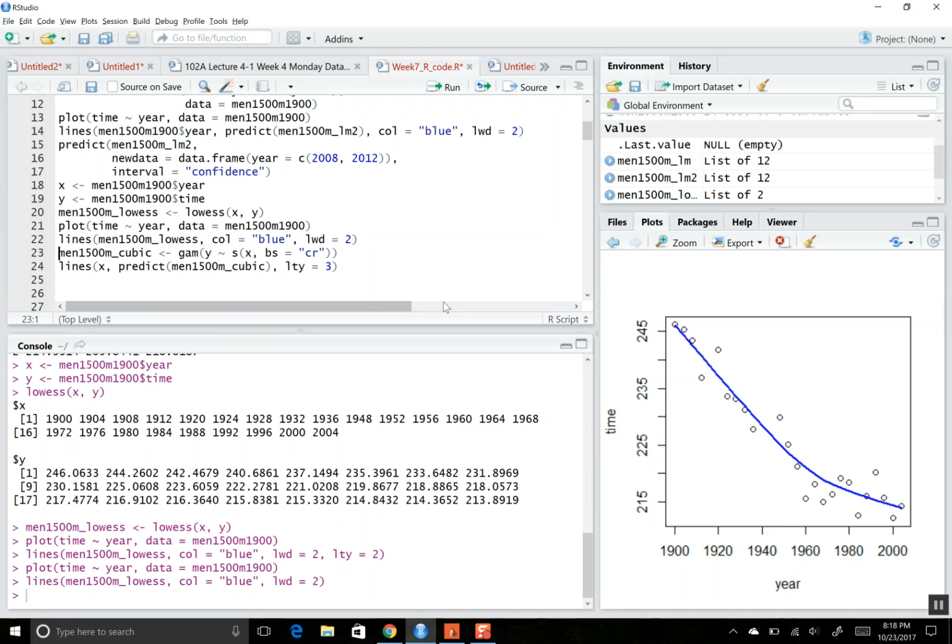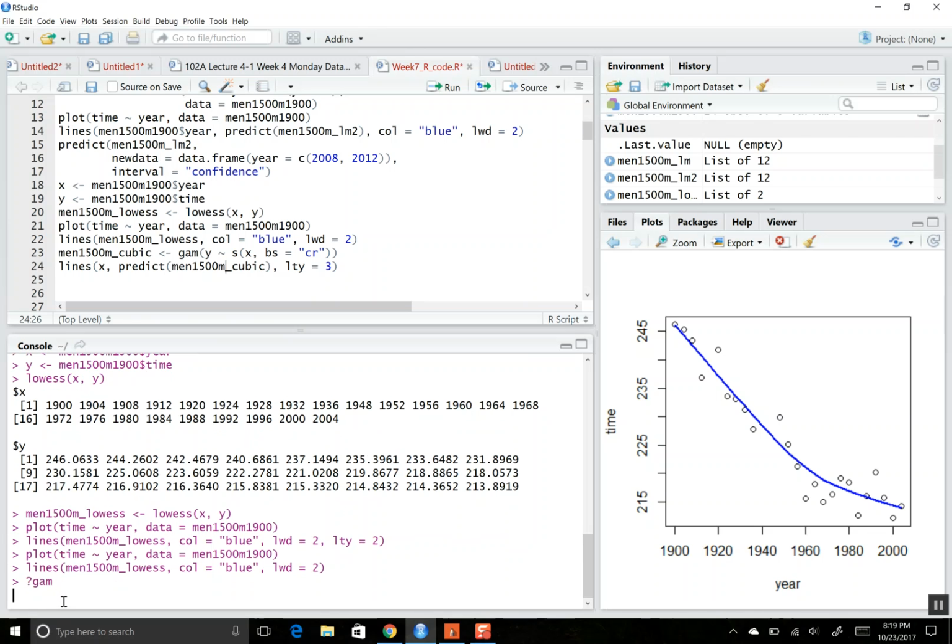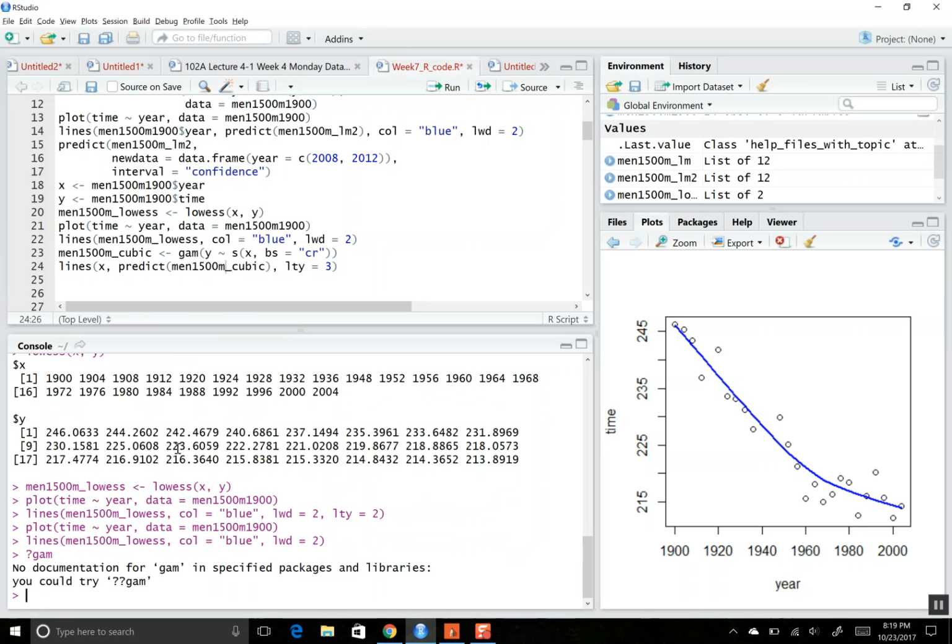Okay, we can fit a cubic regression spline with the function GAM. So GAM allows us to fit cubic regression splines.